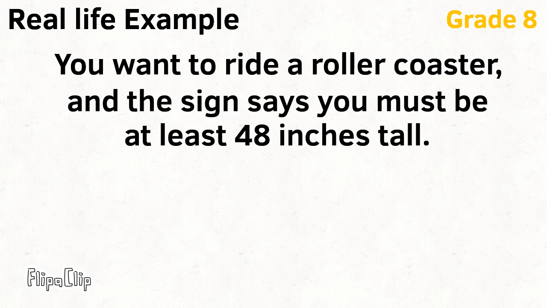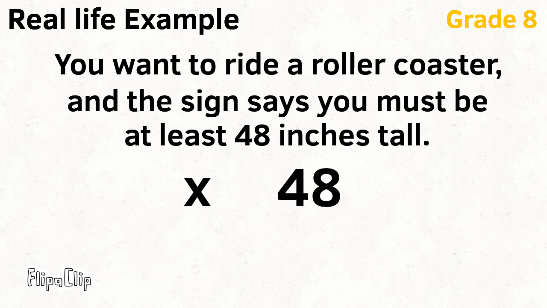And here's the last example. You want to ride a roller coaster, and the sign says that you must be at least 48 inches tall. First, we have to find the variable and the constant. In this case, our variable is x and our constant is 48.